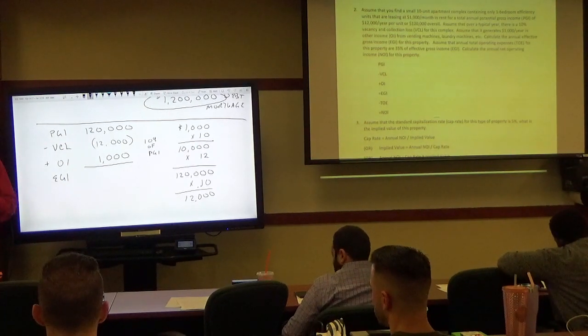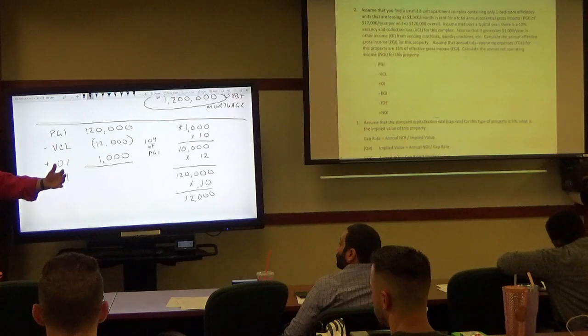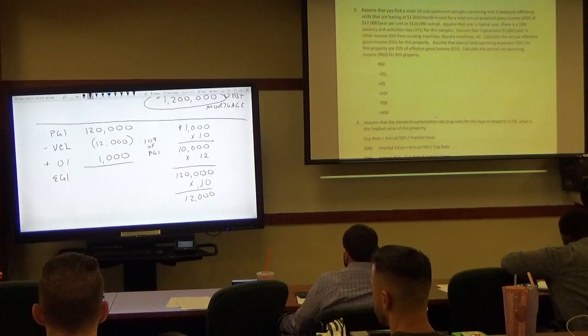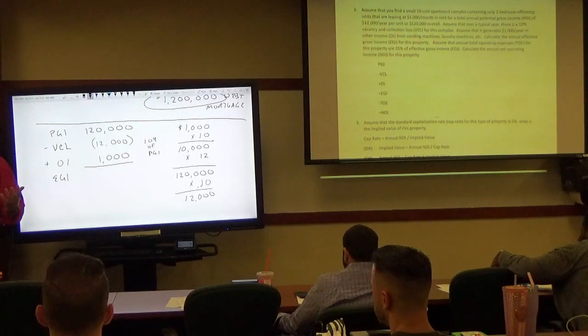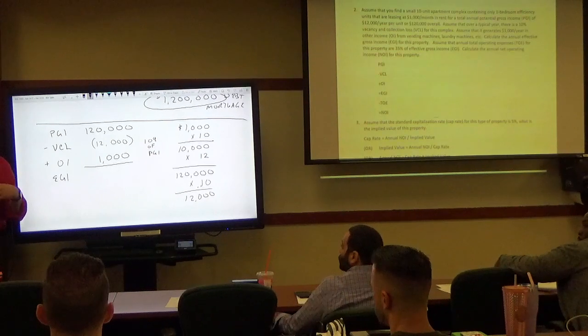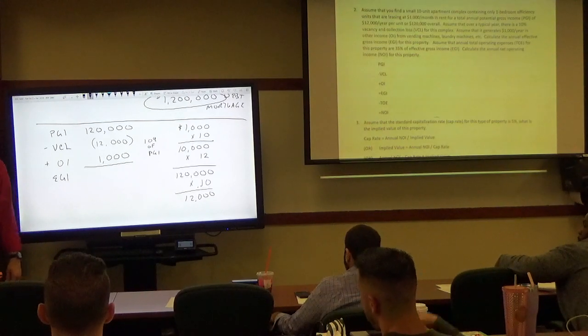Should you really just allocate based on unit, or should you allocate based on time, or on something else? That can be really tricky, especially when you go to sell the property and need to accurately portray what the true operational costs are. Does that make sense? Okay.